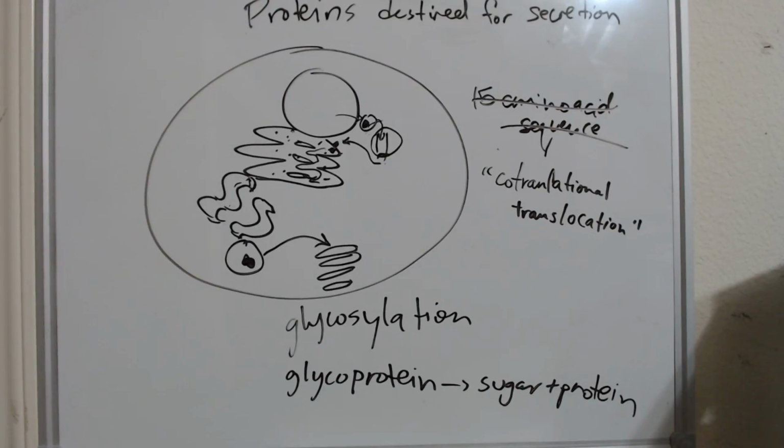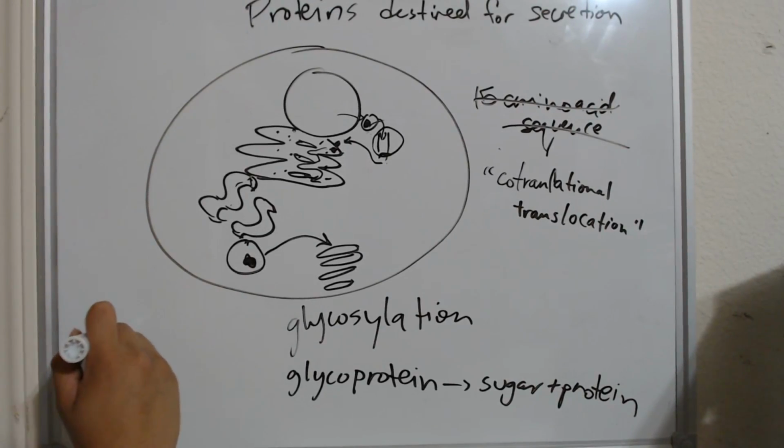It can also have disulfide bond formation, which contributes to protein structure, tertiary protein structure, and folding, and also hydroxylation.